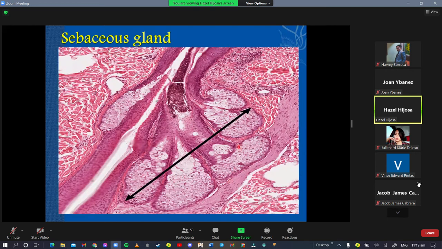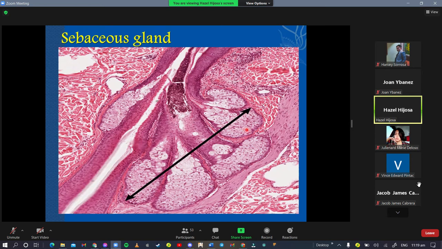Now, what is the major cell present in this gland? The predominant cells: sebocyte, Doc. Okay, and so these sebocytes will produce and accumulate the fatty, oily mixture of the sebum.